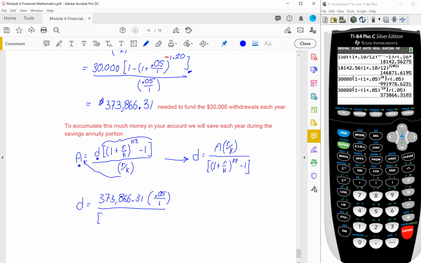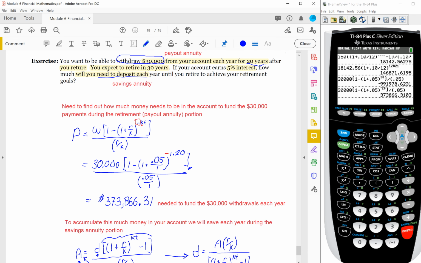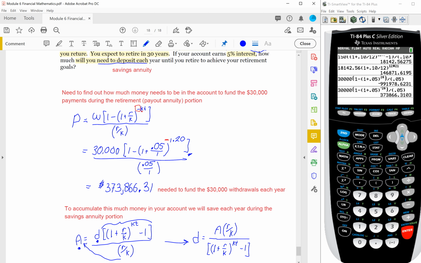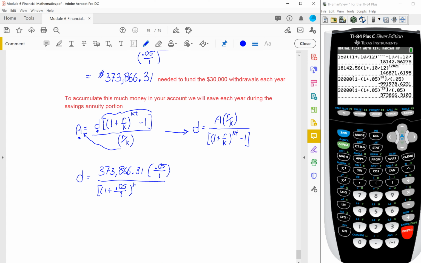Divided by the 1 plus, again, your interest rate, divided by 1. We do this once a year, and we're saving for how long? Let me go back up here. We said that we expected to retire in 30 years, so we'll be able to save this money each year. So 1 times 30, minus 1.